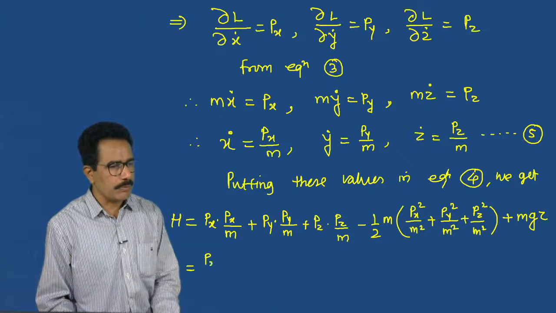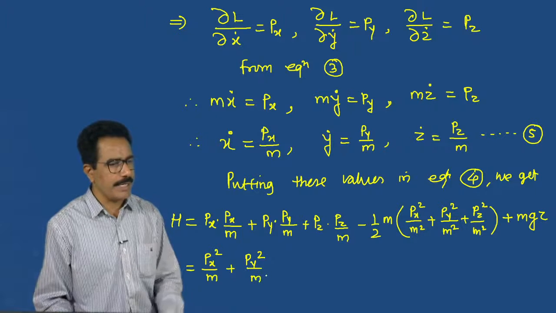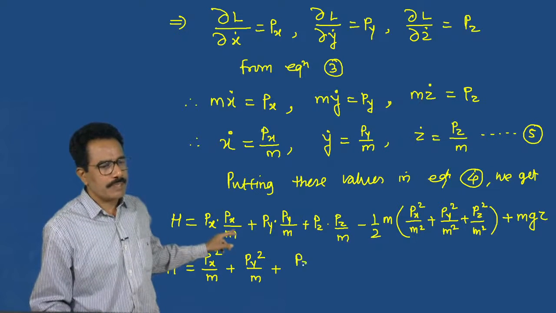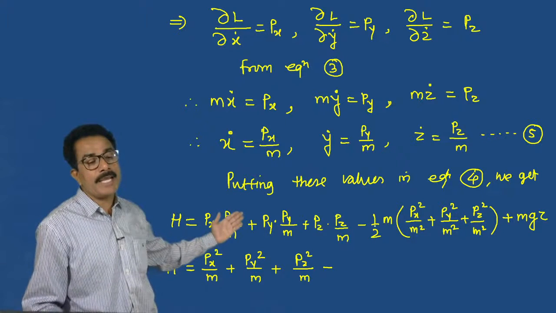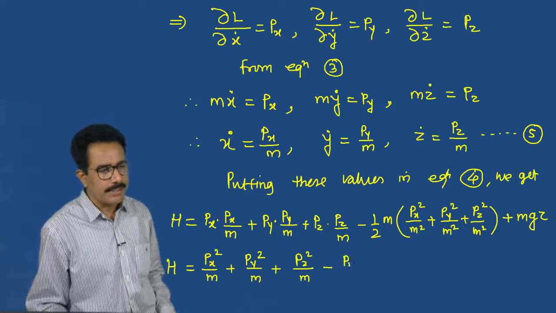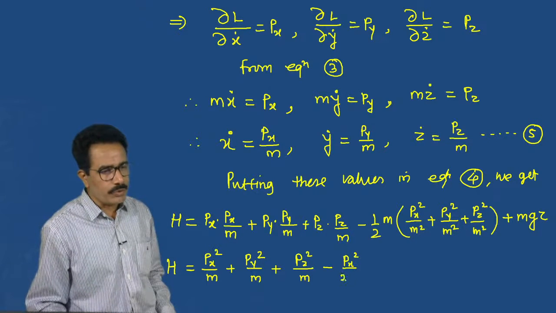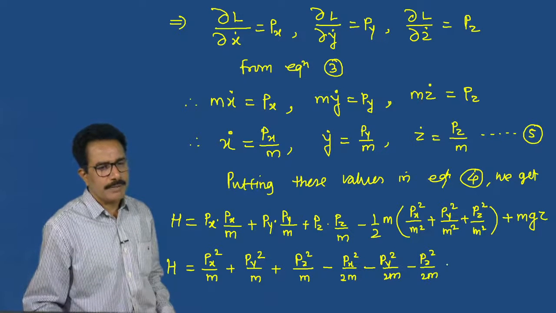H is equal to px square upon m plus py square upon m plus pz square upon m minus, if we multiply this 1 by 2m in the bracket, then we get px square upon 2m minus py square upon 2m minus pz square upon 2m plus mgz.